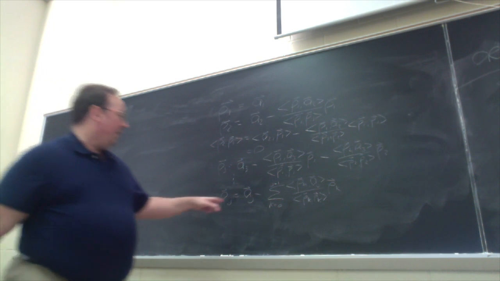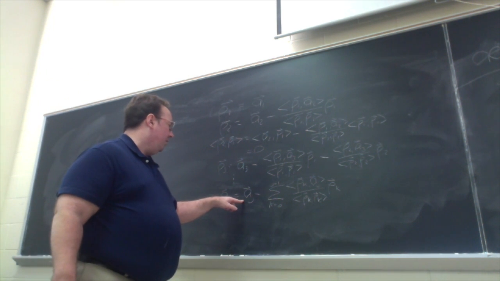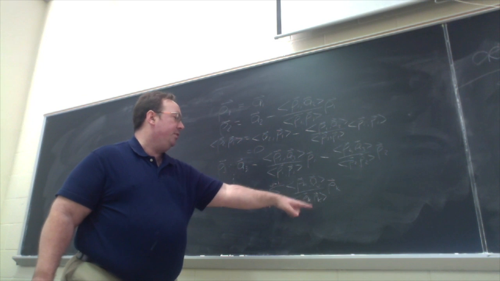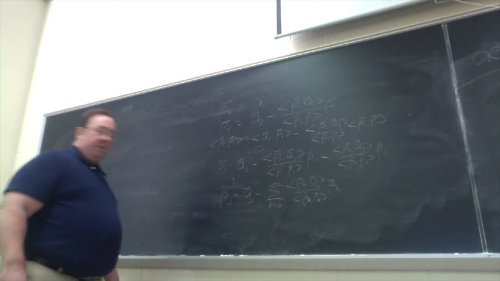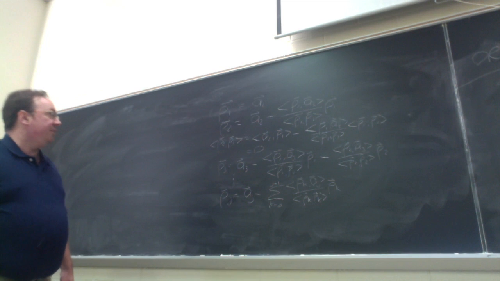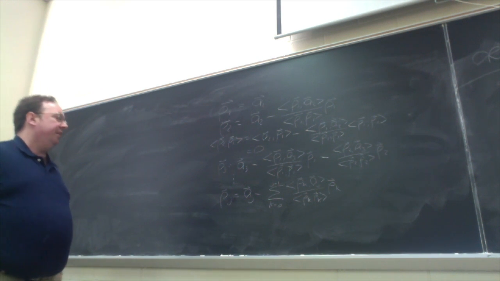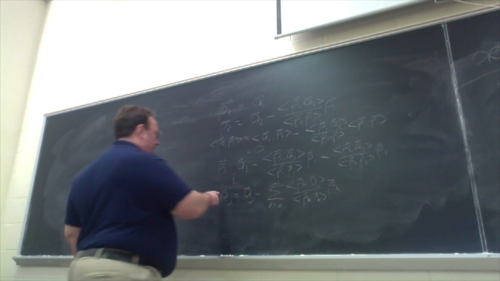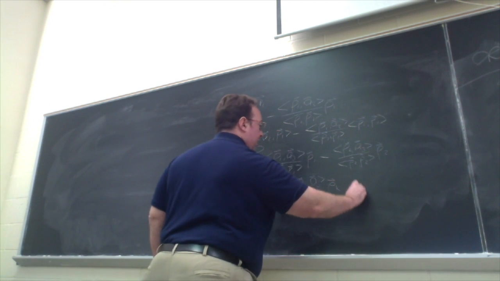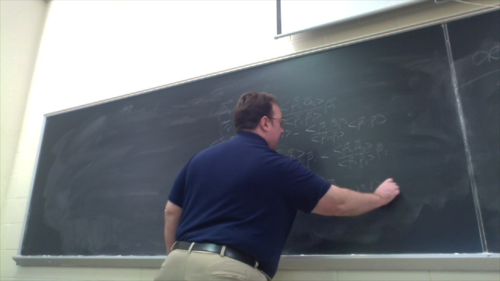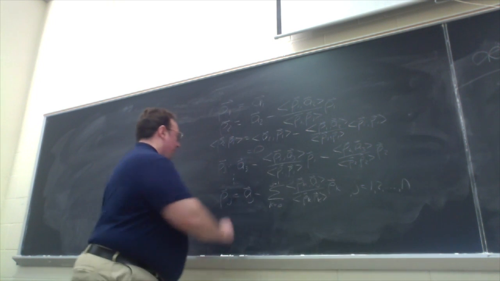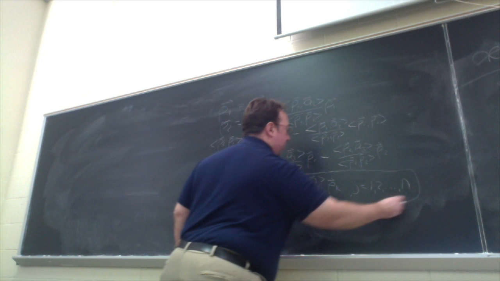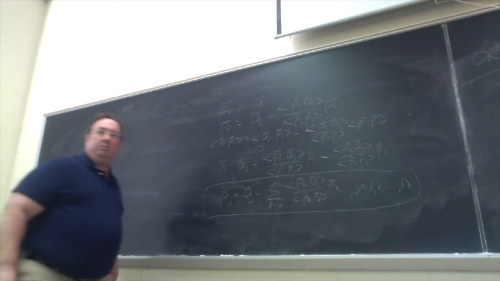So I'm taking aj and I'm orthogonalizing it against all previously computed p's. And that's the whole Gram-Schmidt algorithm. This is true for j equal to 1, 2, up to n. So this in a loop is the whole algorithm right here.